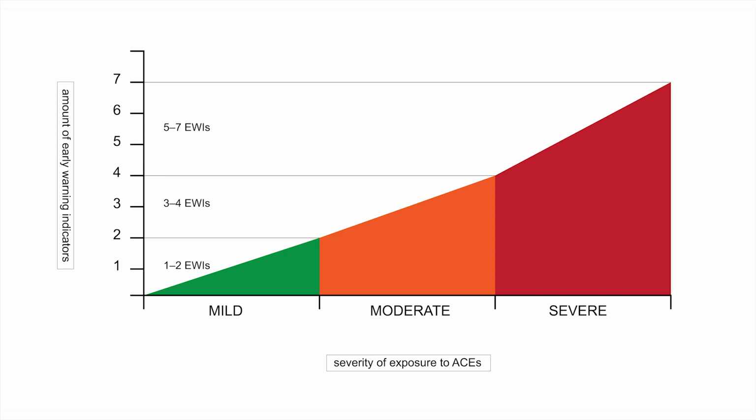The first range is from 1 to 2, which means the child is mildly exposed to ESSEs, and is identified by the color green. The second range is from 3 to 4, which means the child is moderately exposed to ESSEs, and is identified by the color orange.